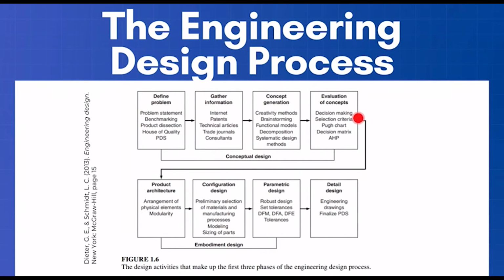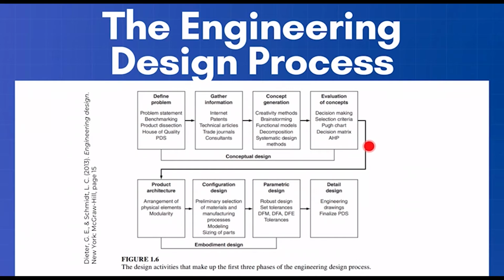And lastly, we will evaluate the concepts that we have done before by using the Pugh chart. So basically, conceptual design consists of only these 4 steps: defining the problem, gathering information, concept generation, and evaluation of concepts.